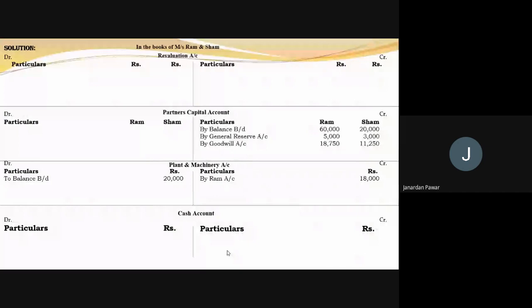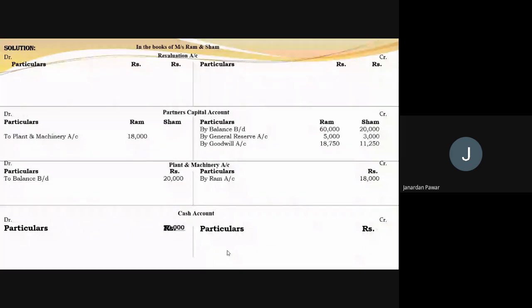Then the difference we have to find out here. One more adjustment, that is the second effect on partner's capital account at debit side, because the asset is taken over by the partner. So to plant and machinery account rupees 18,000 in the column of Ram.